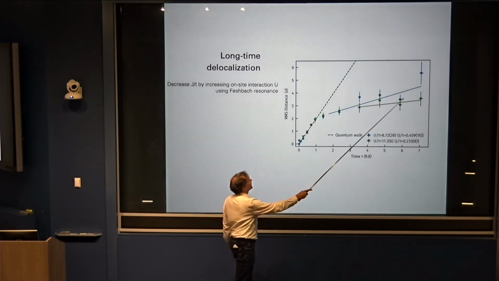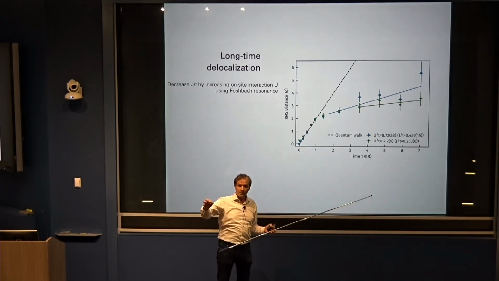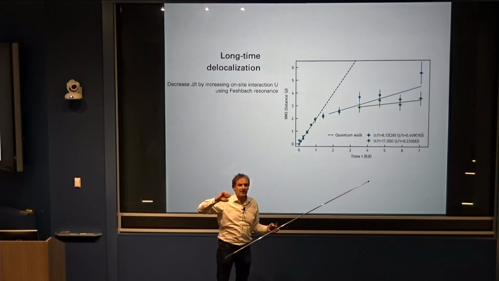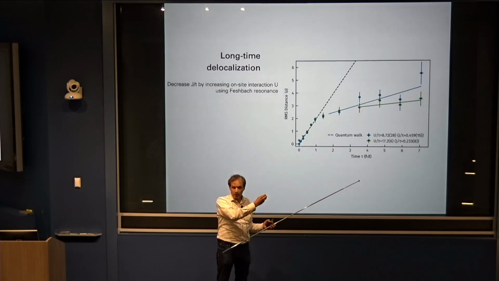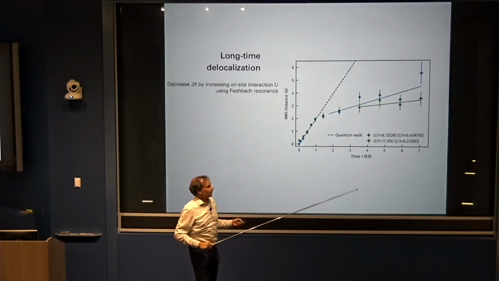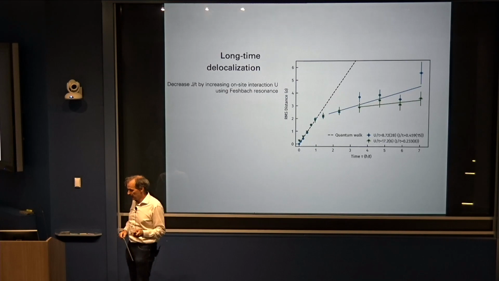For long distances, the speed of the whole motion is given by the magnetic interaction. So that really indicates that we have a polaron here, and we can measure the nature of the polaron.